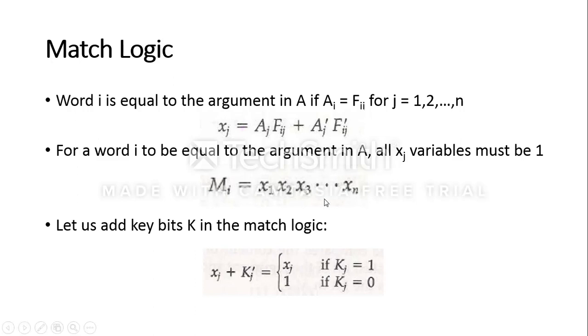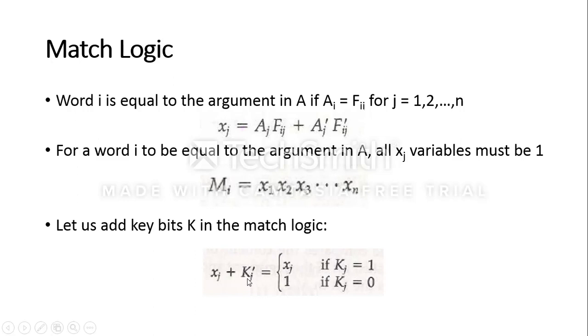Now note that in this equation, in this match logic, we have not considered the value of the key register K. Sometimes when you want to compare the word in the argument register partially, you need to set some bits in the key register K. So let us now try to introduce K in our match logic. Xj is not sufficient. We need to consider Kj also to define the exact correct match logic. For that we can use this type of logic: Xj plus Kj dash.